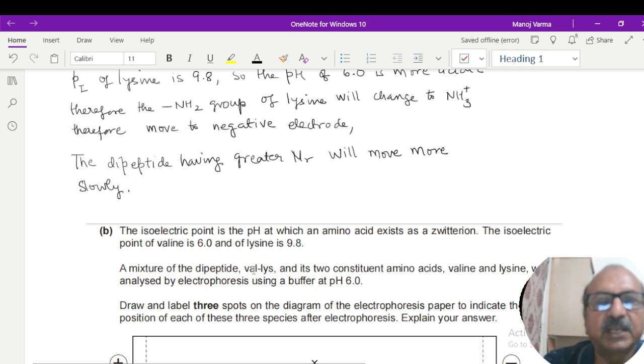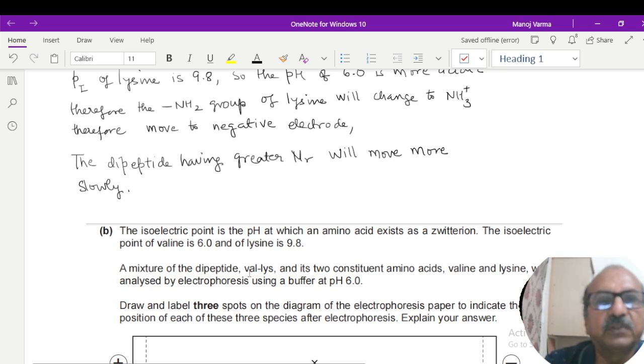Okay, let's go ahead and look at the next part of the question, which is a little bit more challenging. The isoelectric point is the pH at which an amino acid exists as a Zwitter ion. The isoelectric point of valine is 6.0 and of lysine is 9.8.